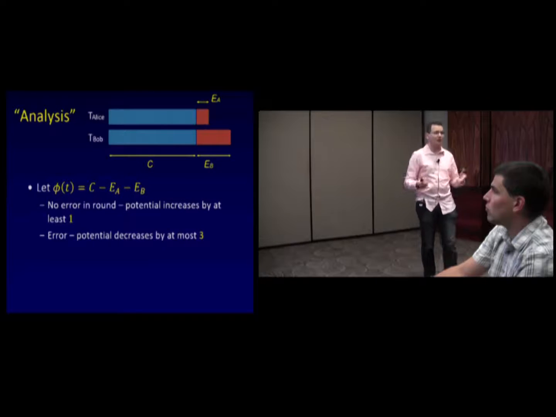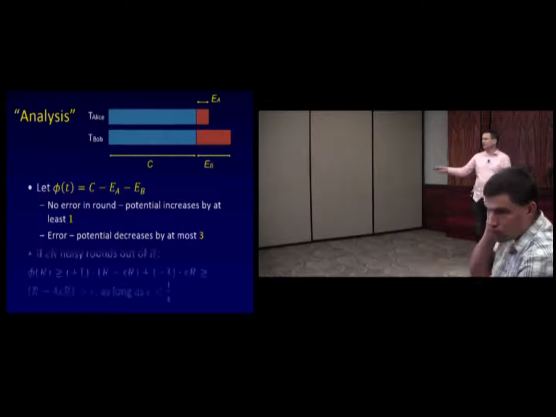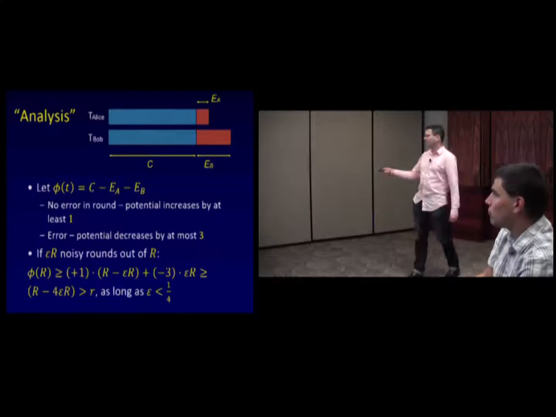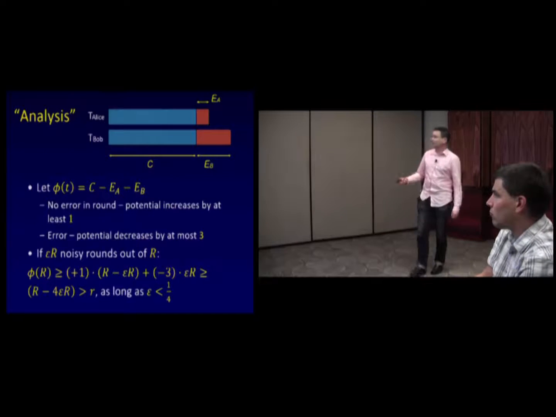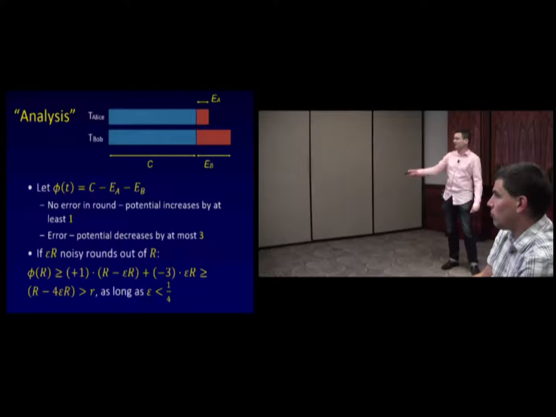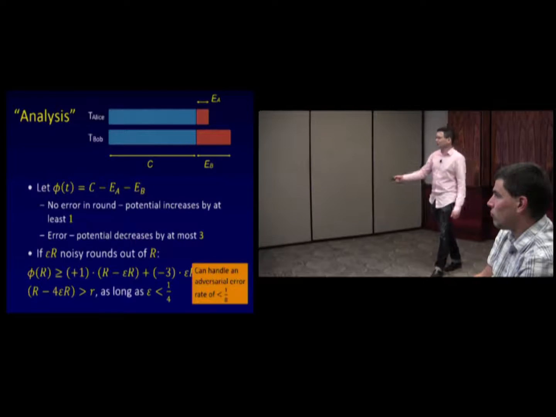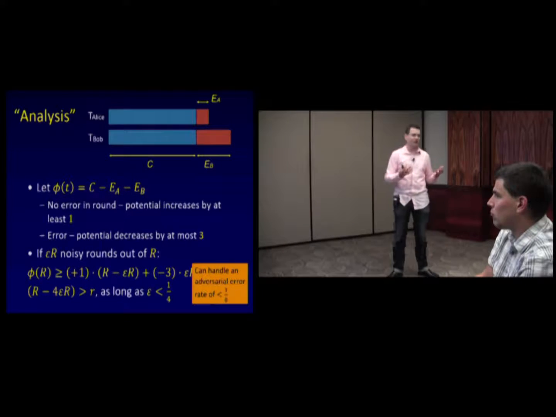In a bad round, where the adversary can do some of the nasty things I mentioned, like roll back Alice and let Bob advance incorrectly, the worst that can happen is that it decreases by at most 3. So as long as the ratio between the good and the bad rounds is better than 3 to 1, we win within a linear amount of time. So we can tolerate up to a quarter of bad rounds, which translates into handling an error of 1/8.